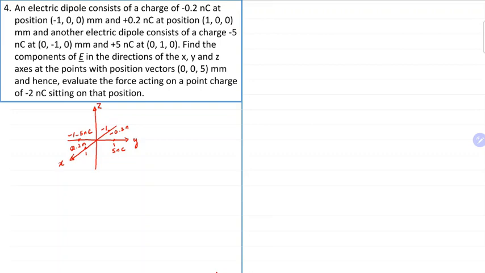Then we are asked to work out the electric field at the point (0, 0, 5), meaning 5 units on the z-axis.